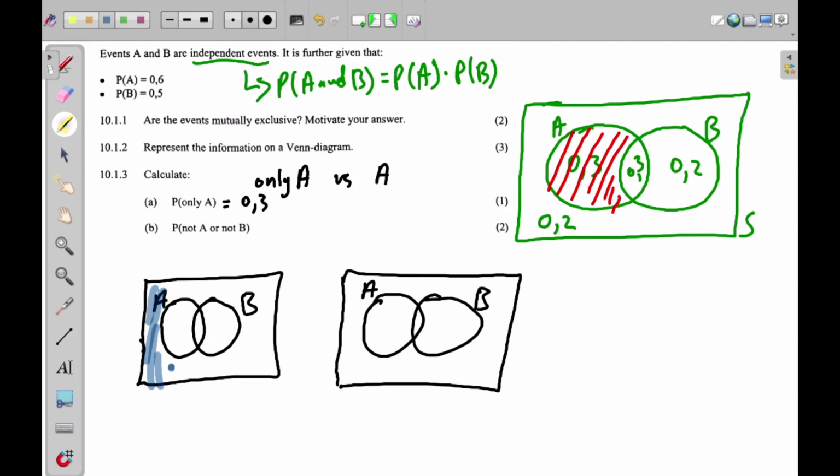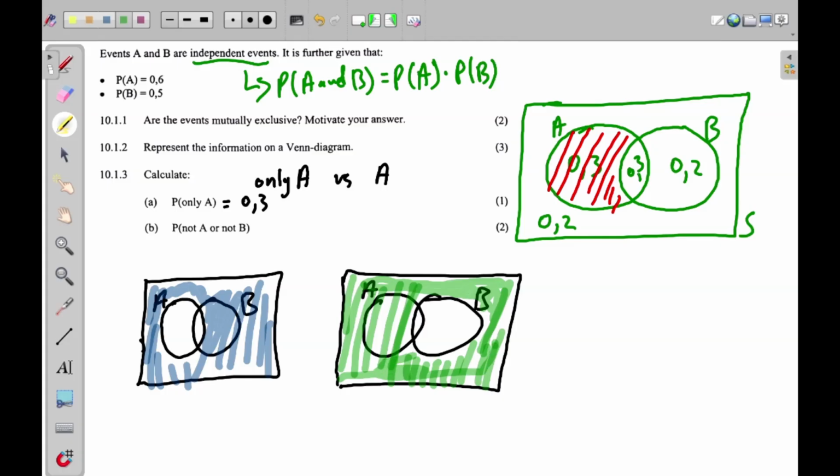I'm going to show you what not A looks like. This is what it looks like. And I will shade also what not B looks like. Obviously, in each case, not A means whatever is outside A, and not B would mean whatever is outside B.